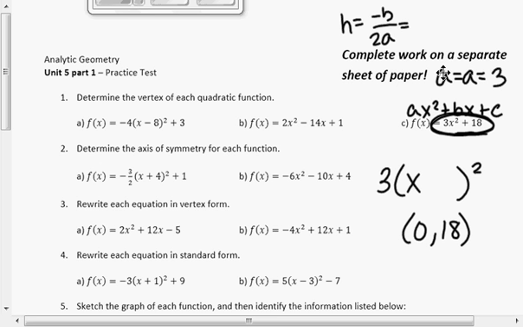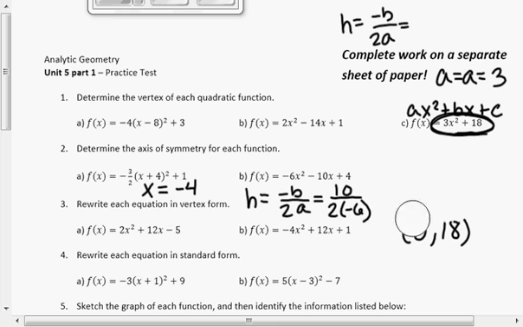For determining the axis of symmetry, all it is is your h value. So it's going to be x equals negative 4. For the next one, we can do h equals negative b over 2a again. Since b is negative 10, we're going to make it a positive 10 over 2 times negative 6. 2 times negative 6 is negative 12.